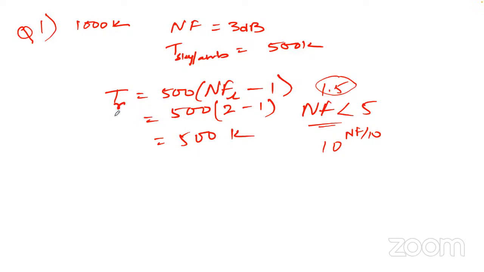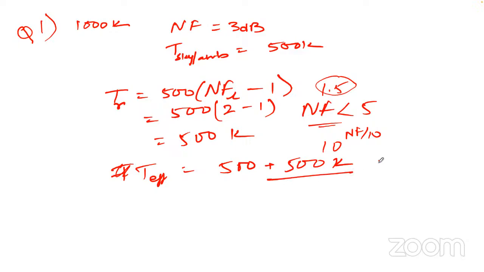Now if you want to find the effective noise temperature, T effective will be 500 plus whatever noise temperature you get from the antenna. Here in the question it says the radio telescope receiver, so from the radio telescope you get around 500 Kelvin.